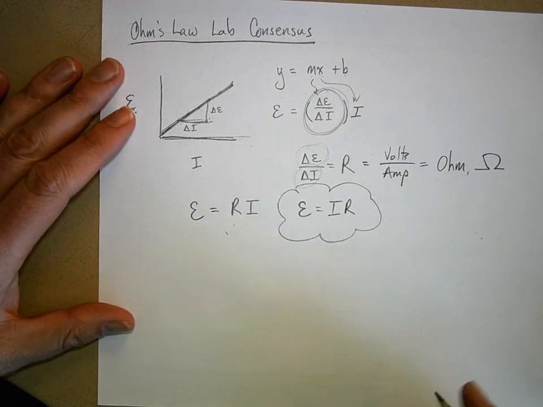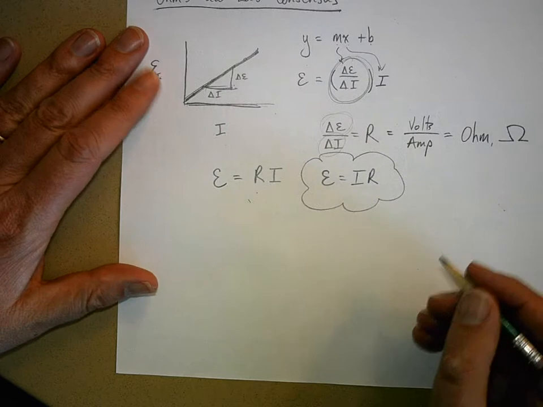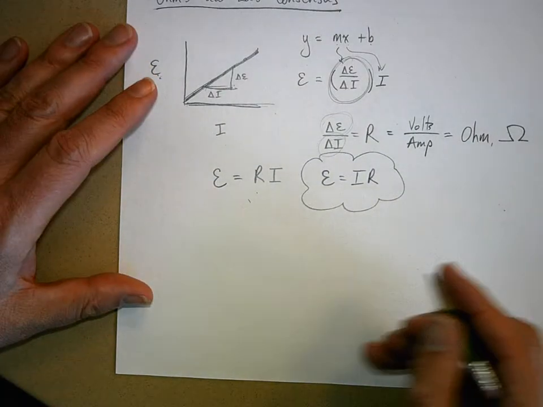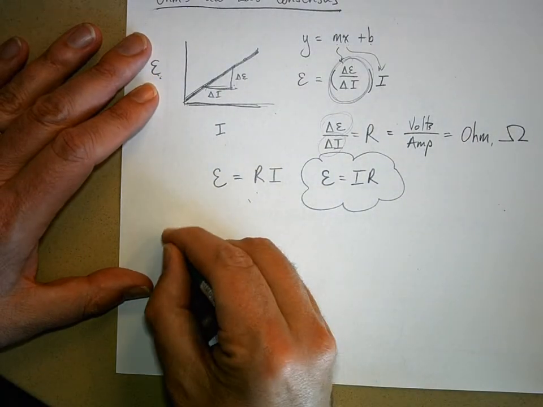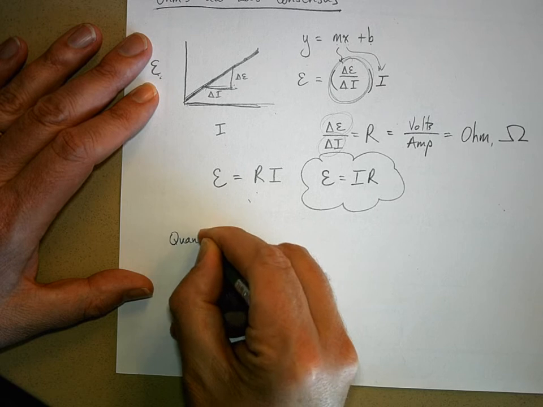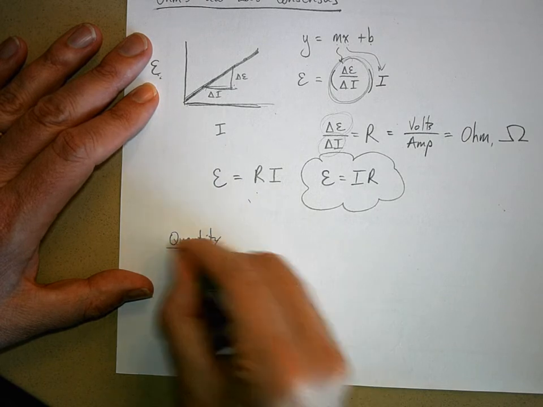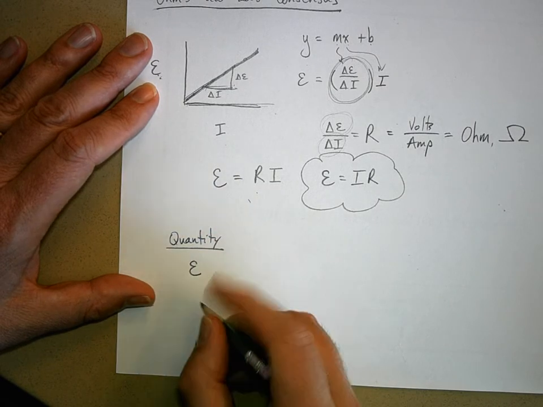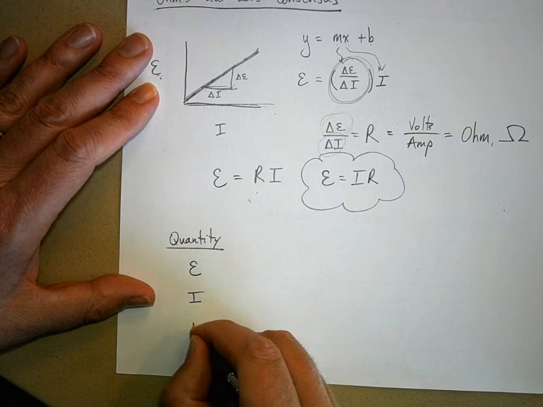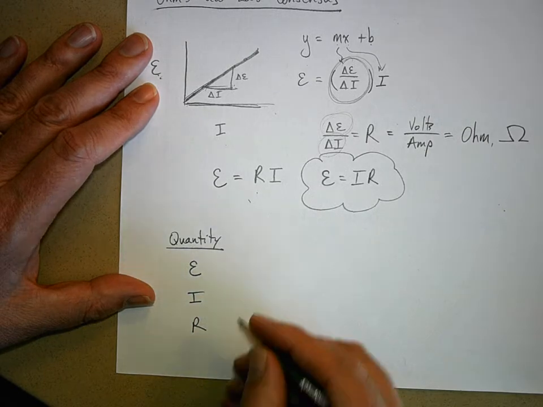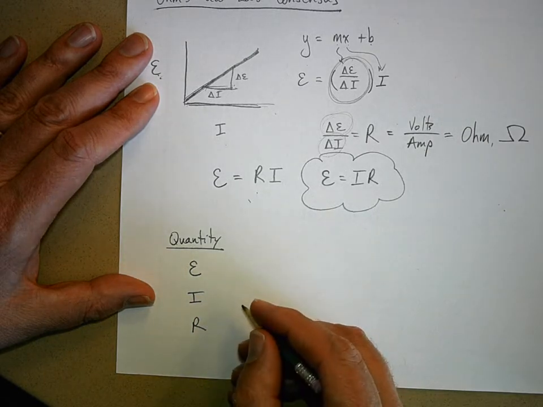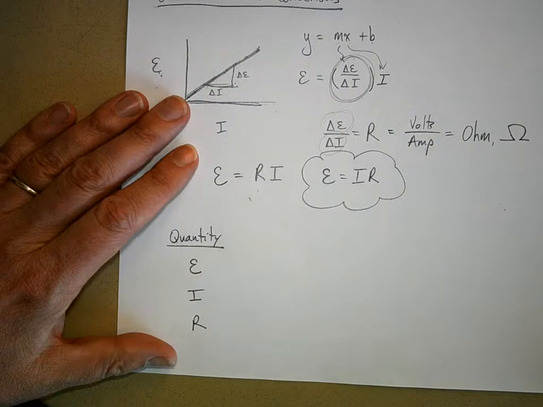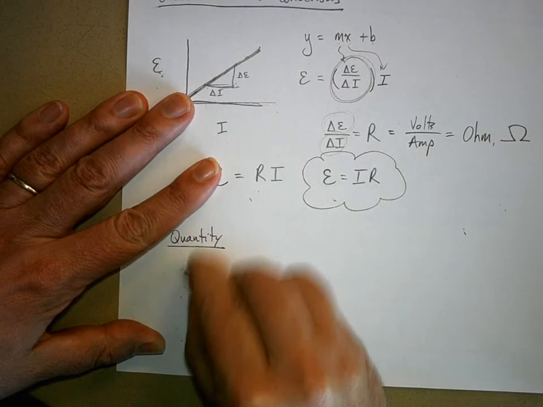Let's make a little quantity chart and an equation list, and then we're going to solve some problems. We have the quantities: voltage, current, and resistance.